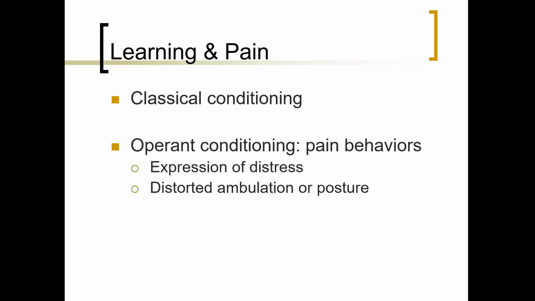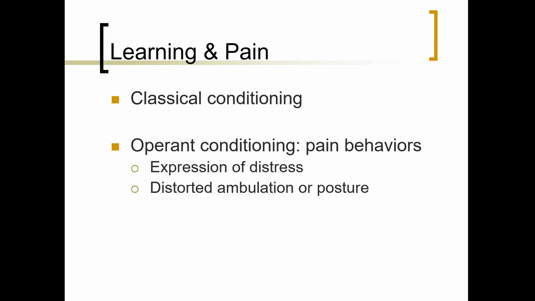Other examples could be some of those pain behaviors like distorted ambulation or posture, somebody who's hunched over if they have back pain, or they're walking really slowly, they're hunched over and walking, they're limping. That can again bring about some different types of rewards. They can gain sympathy. It can also lead to removal of unpleasant things.